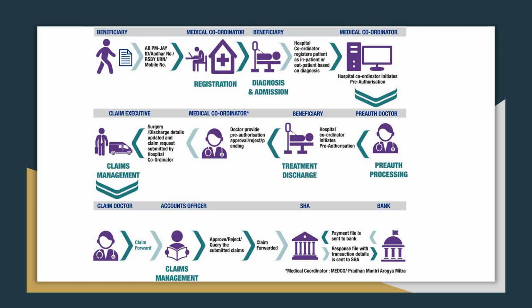Such a chain of events happens whenever the patient, that is the beneficiary, is admitted under the policy of Pradhan Mantri Jan Arogya Yojana. And the State Health Authority is further sending it to the bank for disbursement of the detailed expenses to the concerned hospital or the account.